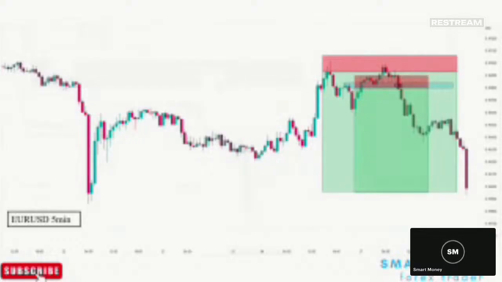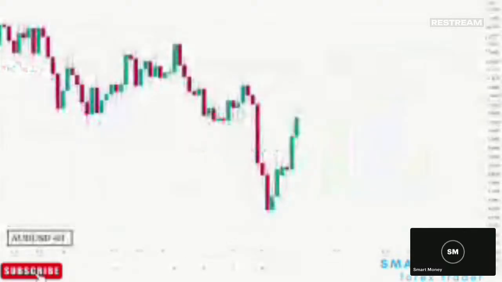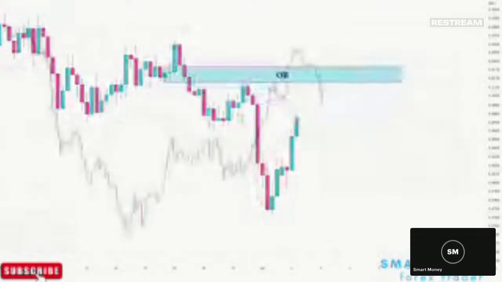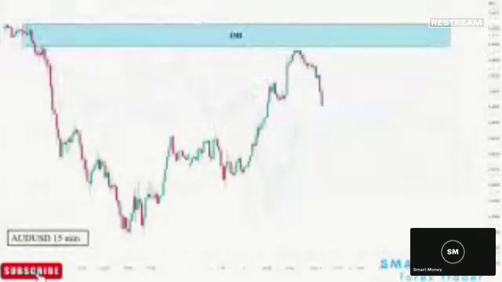Let us see another example on the Aussie dollar, which is partly different from what we had earlier. Here we have an impulsive move to the downside, so we draw our order block. Since this is a 4 hours time frame, we zoom in to 15 minutes to find possible short entries.